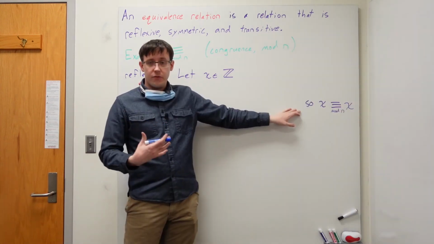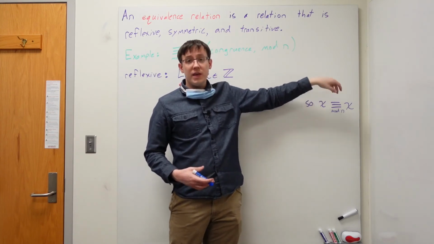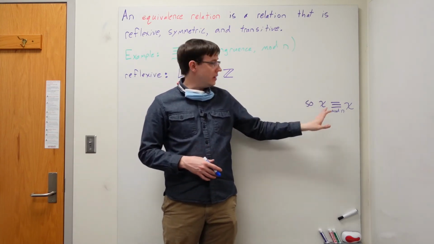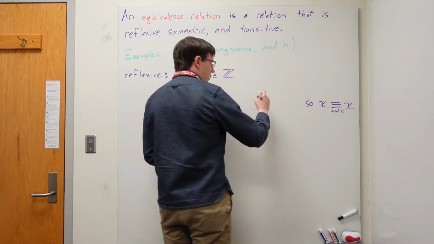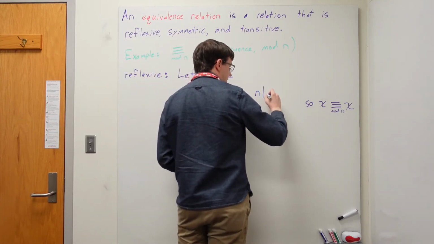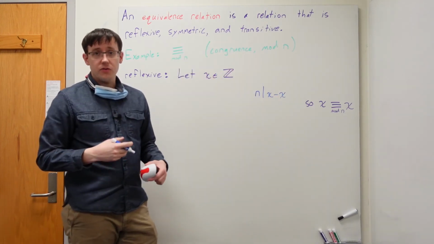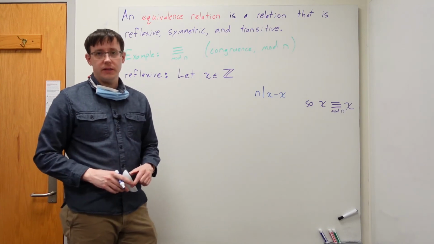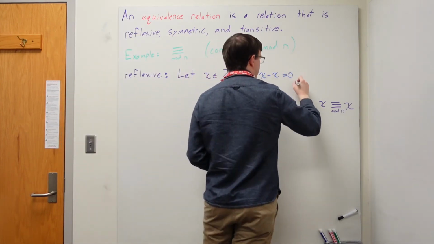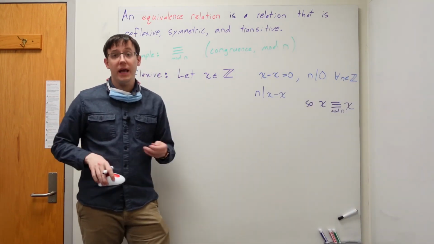Now we unravel definitions, and our definition of congruence mod n was that n divides the difference between the two values. So our goal is to show that n divides x minus x, but x minus x is 0, and for any integer n divides 0. So we conclude that congruence mod n is reflexive.